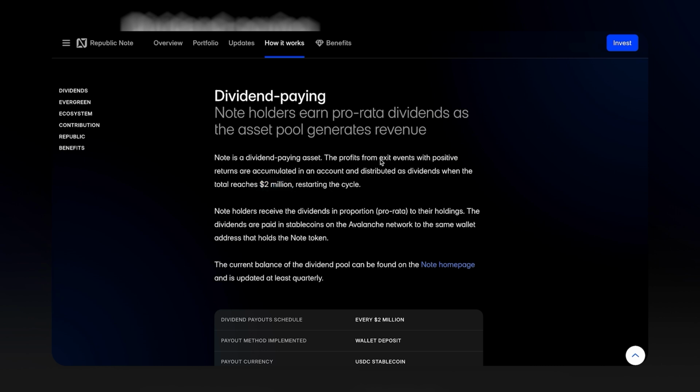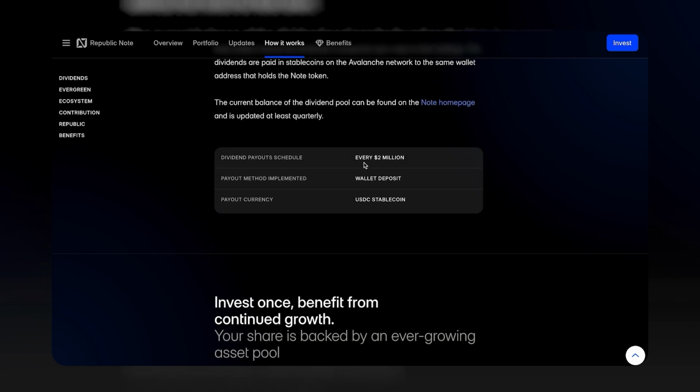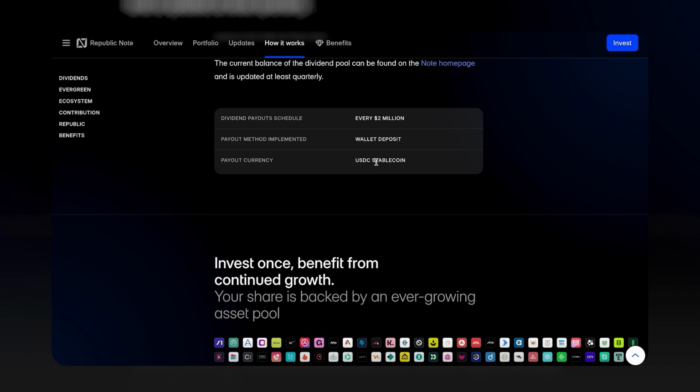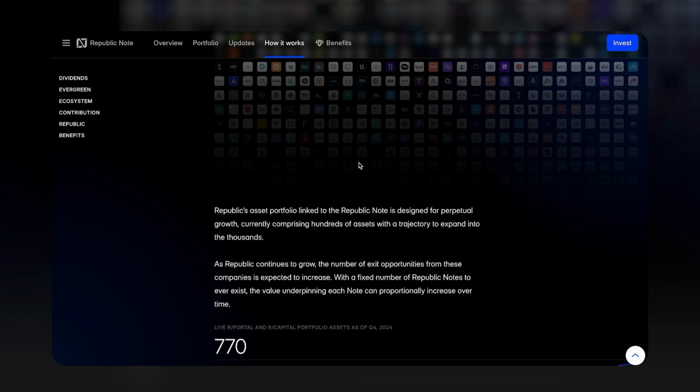This comes from exits with ventures or positive returns that are accumulated in an account and then distributed as dividends. Now, from what I've done so far with my research, I haven't found a distribution to happen yet with this Republic note, but once it hits that $2 million mark, that's when it's going to happen. It's going to be via a USDC stablecoin via a wallet deposit.